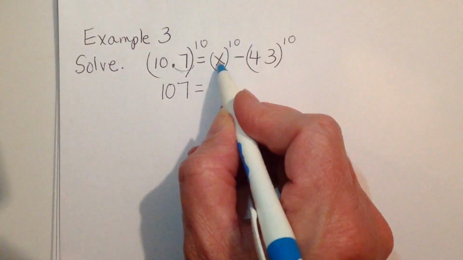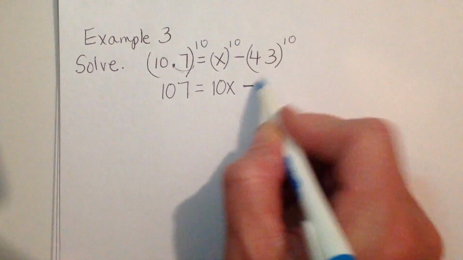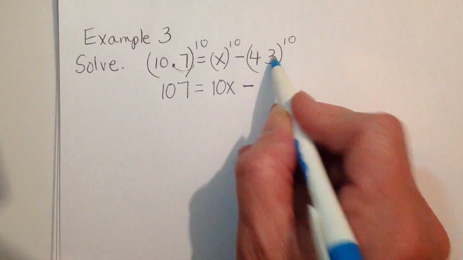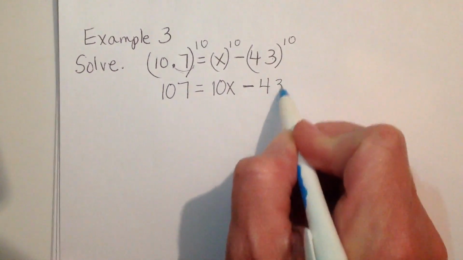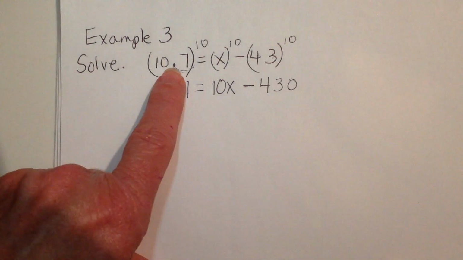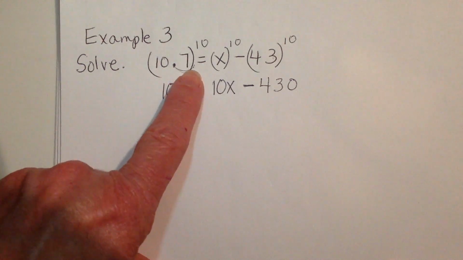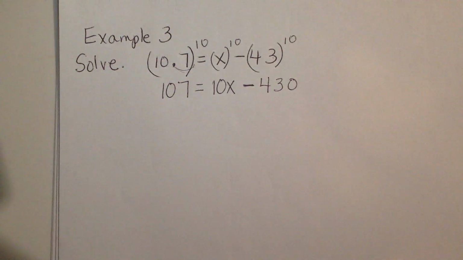Equals 10 times x gives you 10x. Minus 10 times 43 would be 430. Now that is one way to work this problem to eliminate the decimal. When you see that you only have one decimal place, you can multiply it by 10. If you have 2 decimal places, you would multiply it by 100.